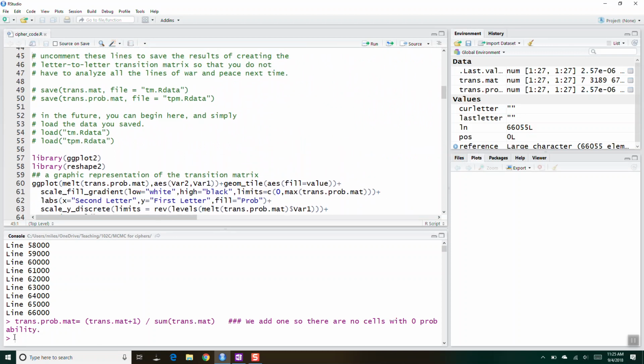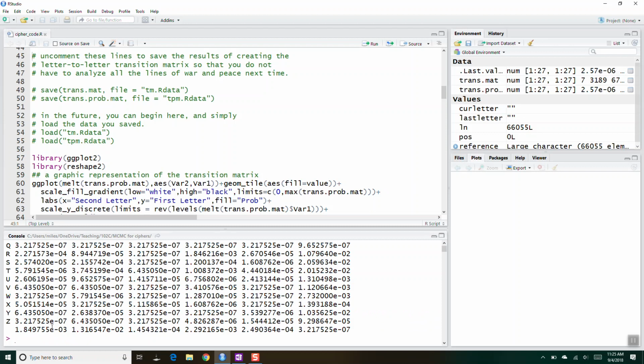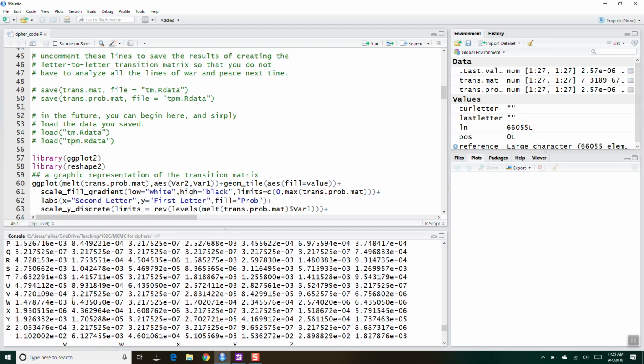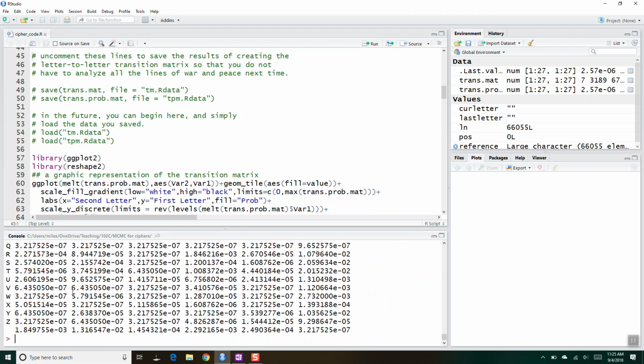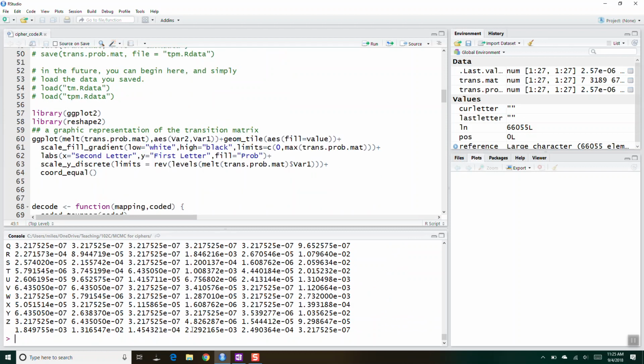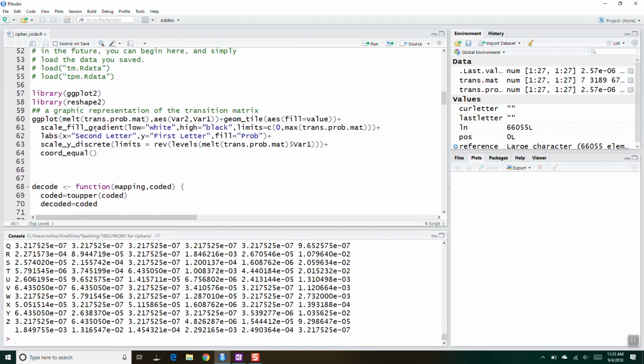Okay, so if we take a look at our transition probability matrix, now we have probabilities for all 27 by 27 things. Okay, so now we have some numbers here, and you can just save it and then load it later on, rather than having to start at the top.